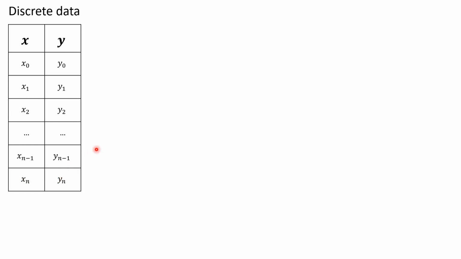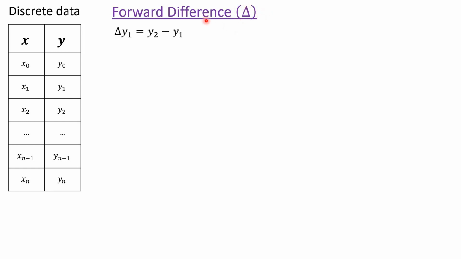Now first we will see forward difference. This is given by this operator. This symbol is called del, the forward difference operator. So del of y1 is equal to y2 minus y1. That means we have to subtract this number from this number.